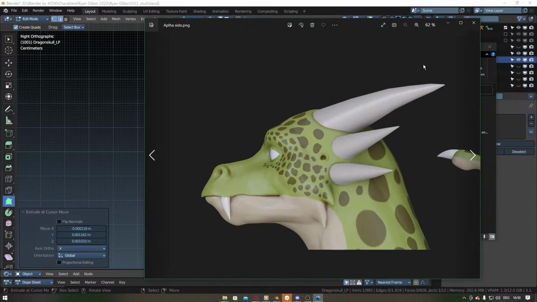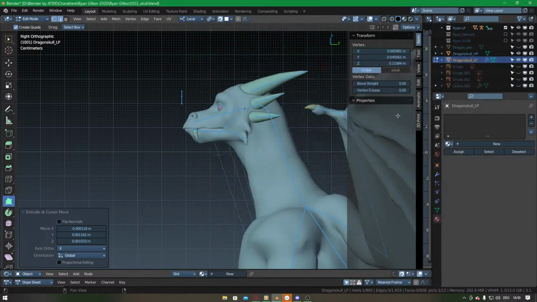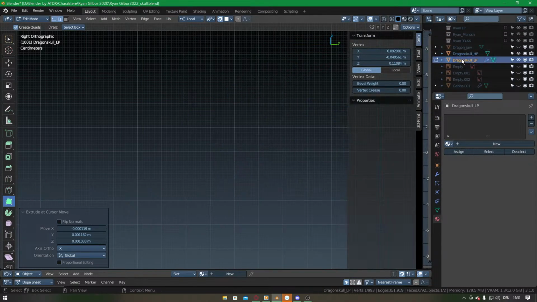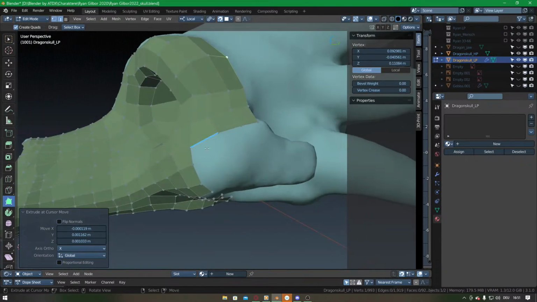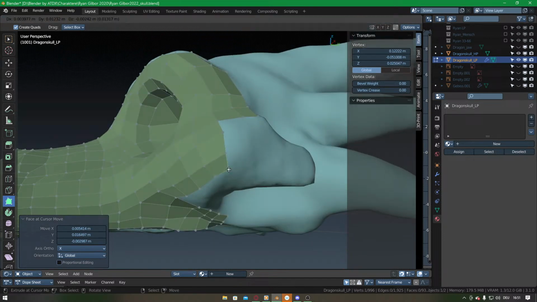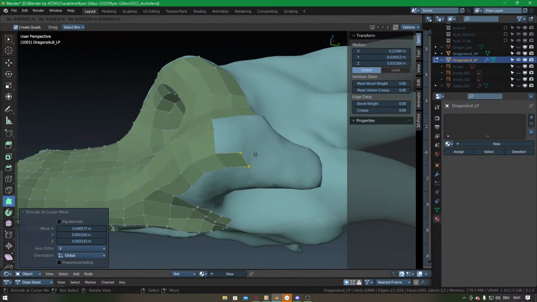I just rendered out these three perspectives and drew the final versions. That's how they came to be.